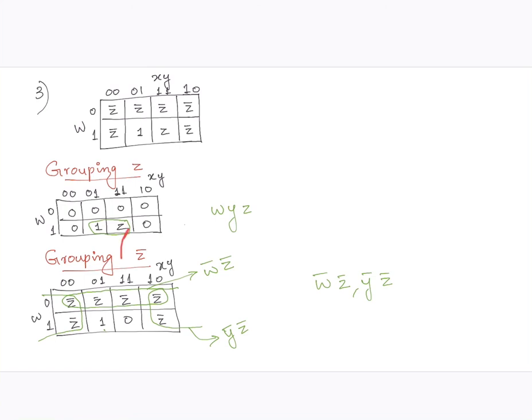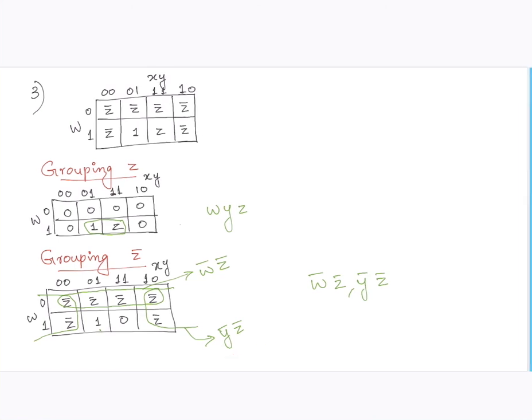So in the Z position, consider it to be 0 and group all the Z bar elements. So the Z bar elements can be grouped in this way, and the terms will correspond to W bar Z bar and Y bar Z bar.